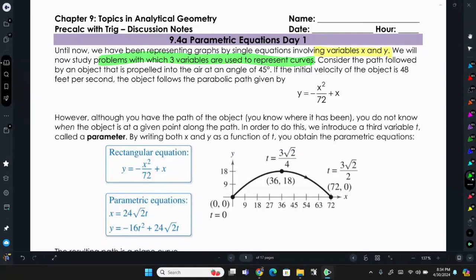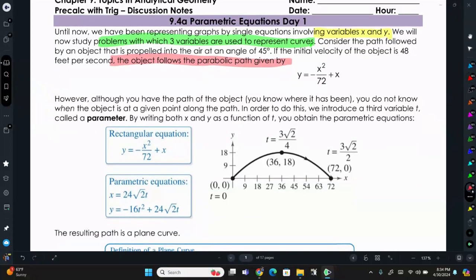And we've all seen these problems before where you're given an equation. Look at this one here: y equals negative x squared over 72 plus x. And we're told that this is the path the object flies. It's this equation, this graph here.